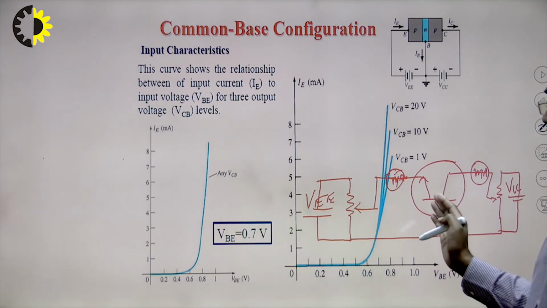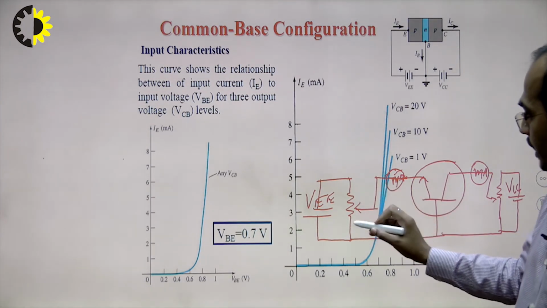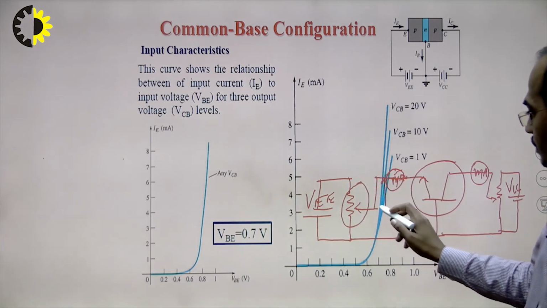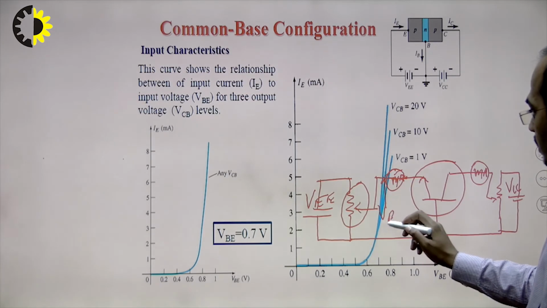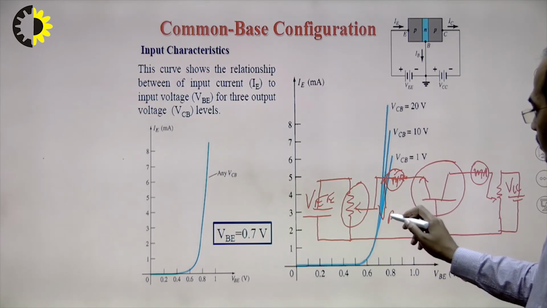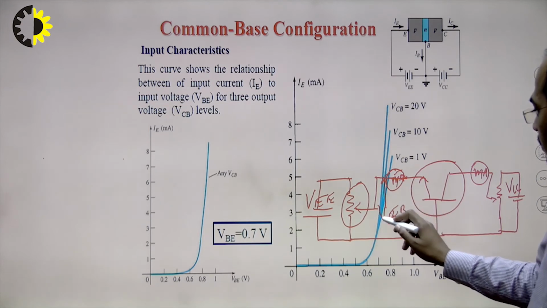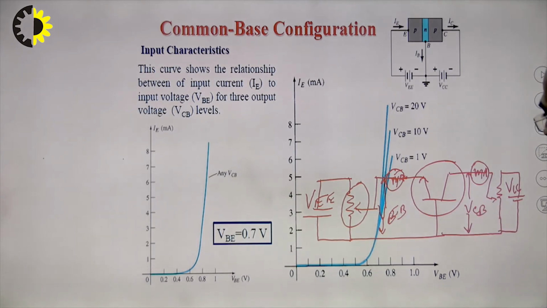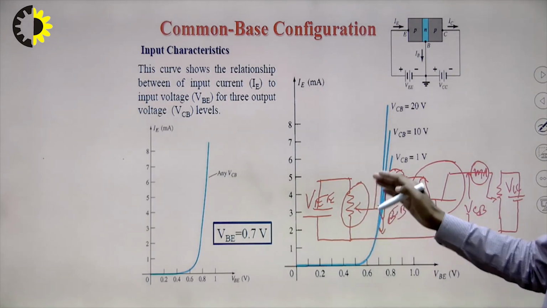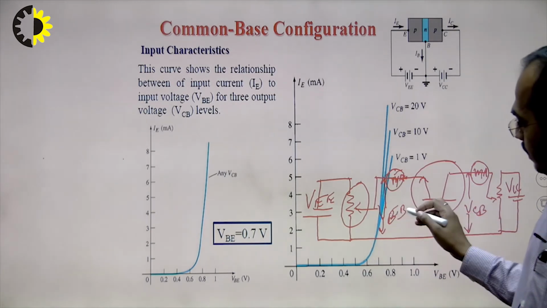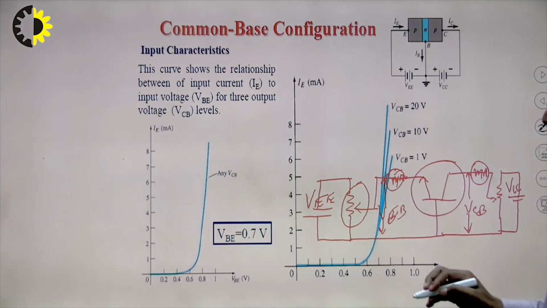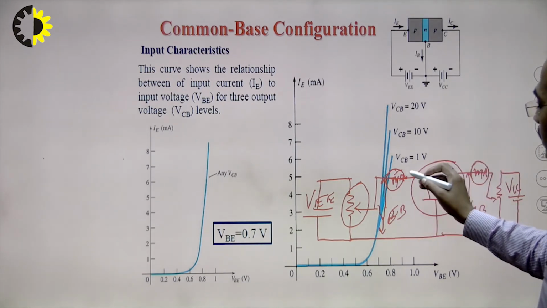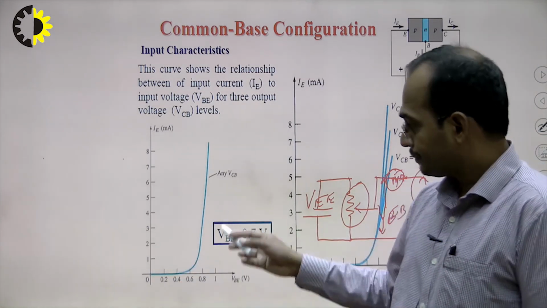For drawing this, what will I do? I will vary the value of V. By varying this potentiometer, by varying this resistance, this value of R, you can vary the values of VEB and IE, and you can get the different values of VEB and IE.